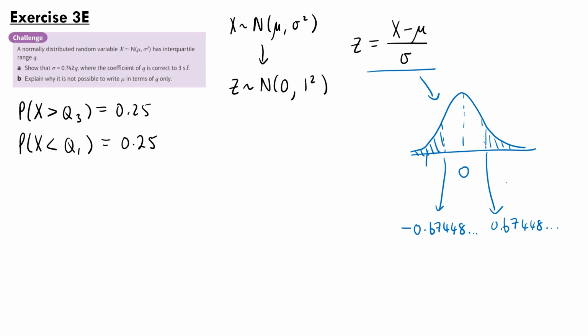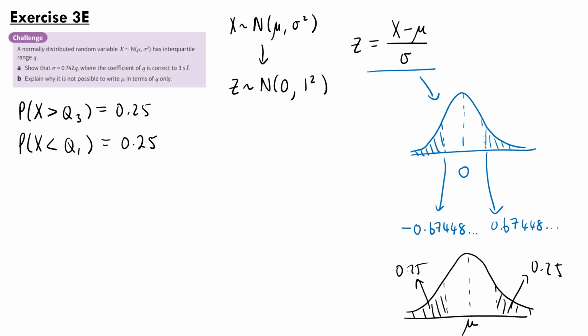That means our x values, the actual values on the distribution that we're looking for. If I draw that down here in black, so it has mean mu, and then we're looking for these values here, where the probabilities are 0.25 here and here.